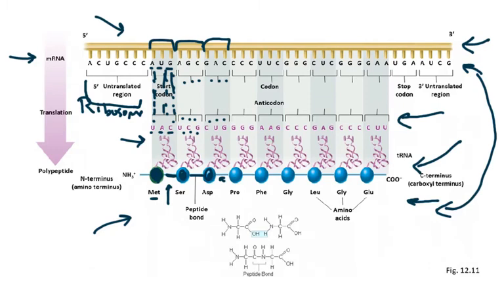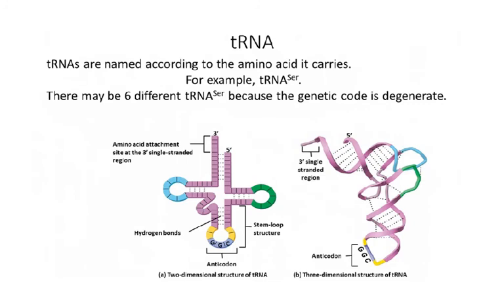Let's try to understand what these tRNAs are in a little bit more detail. So tRNAs are an RNA sequence. There's actually a gene for the tRNA sequence. It's a non-structural gene, meaning that first we make this tRNA from our DNA sequence, and we have this sequence of RNA, which is the tRNA.